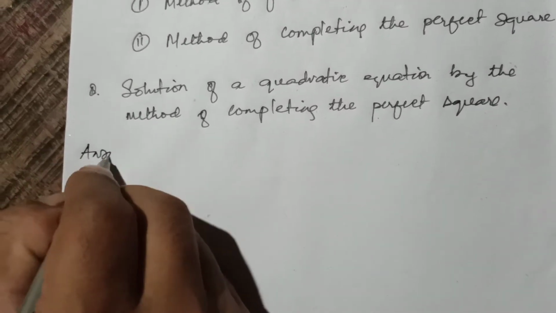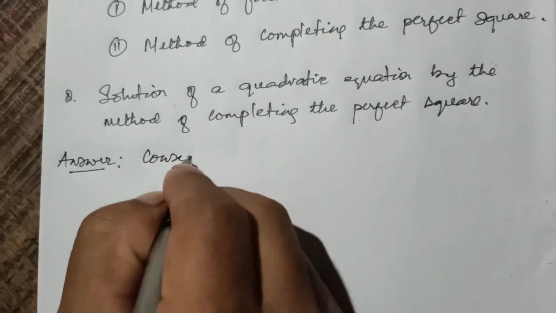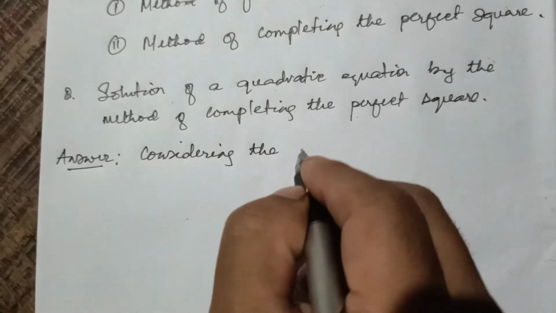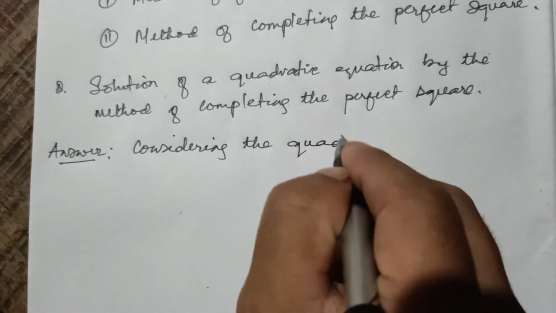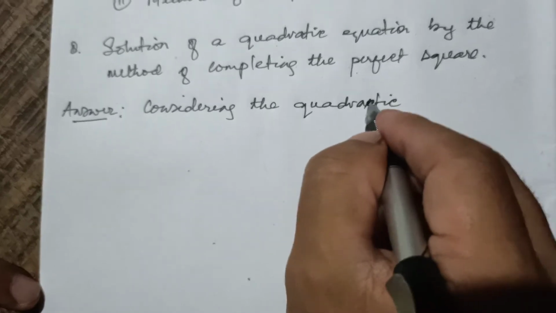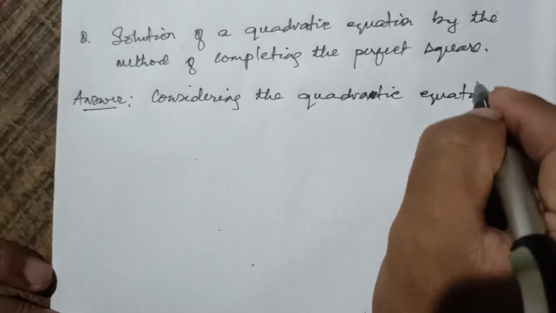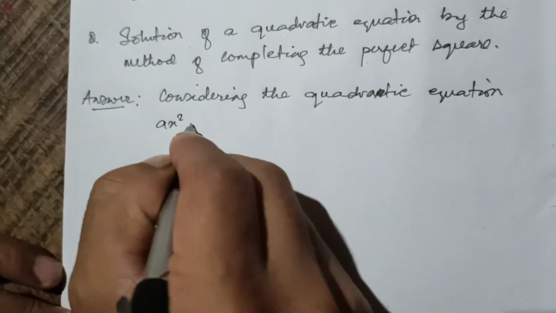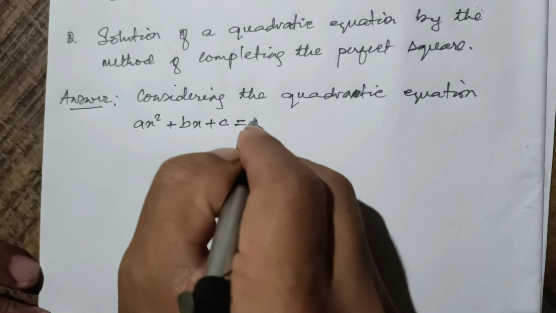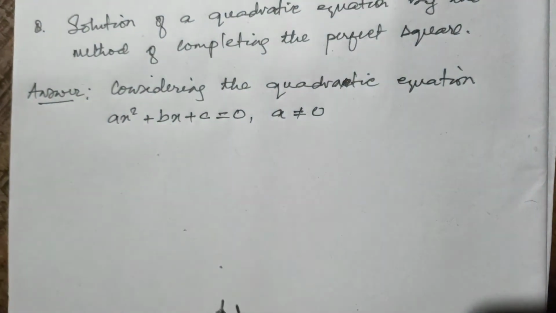Alright. Considering the general quadratic equation, ax squared plus bx plus c equals 0, where a is not equal to 0.